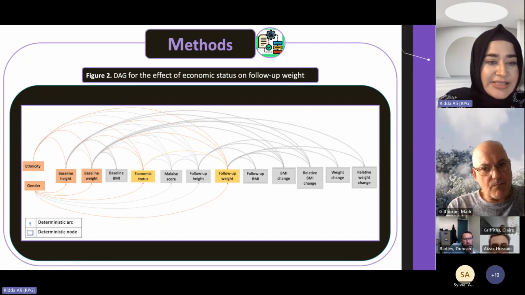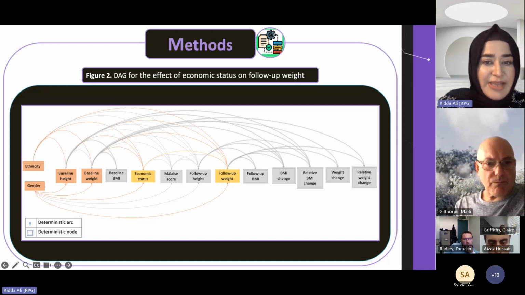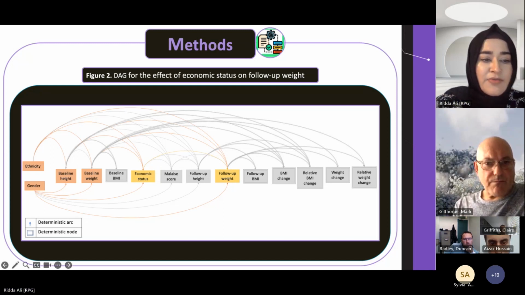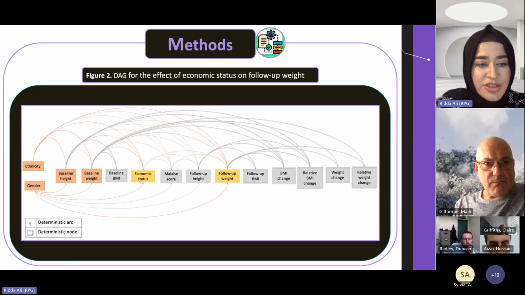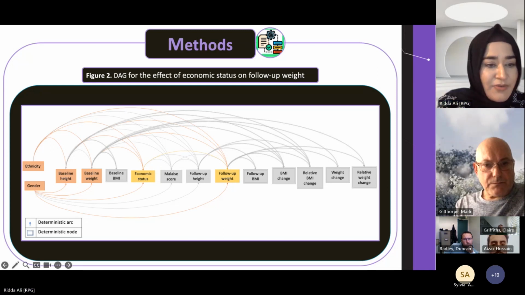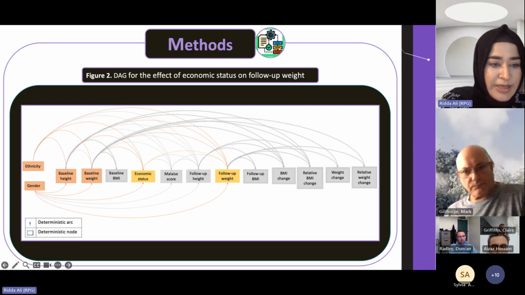So ethnicity is a potential common cause of both economic status and follow-up weight for this specific focal relationship. We did not, for example, condition on Malaise score because that is a mediator for this focal relationship. So Malaise score is on the causal path between economic status and follow-up weight.